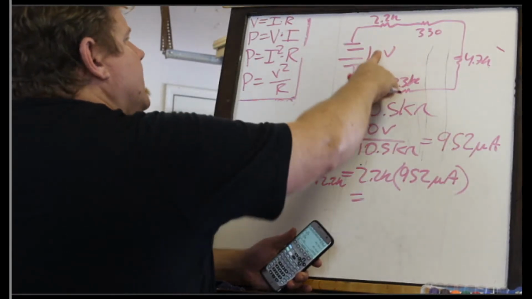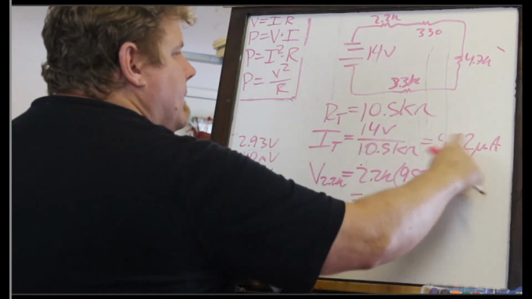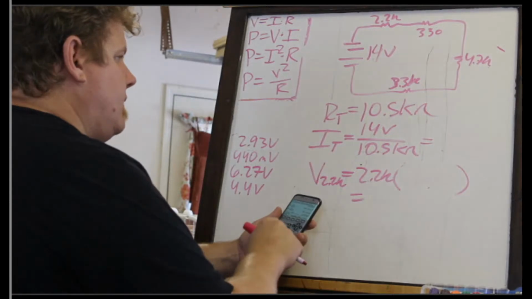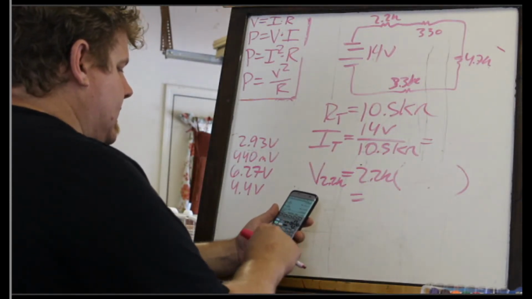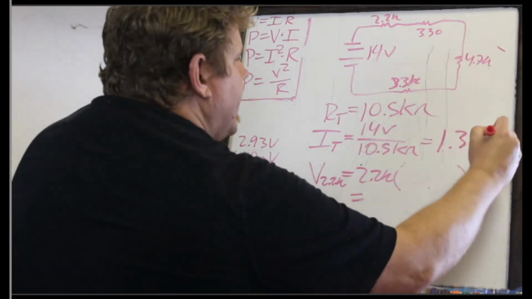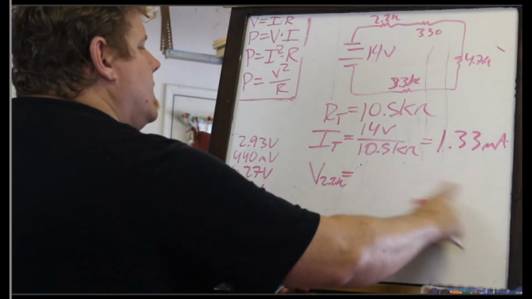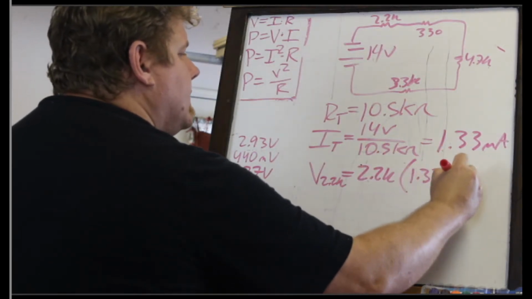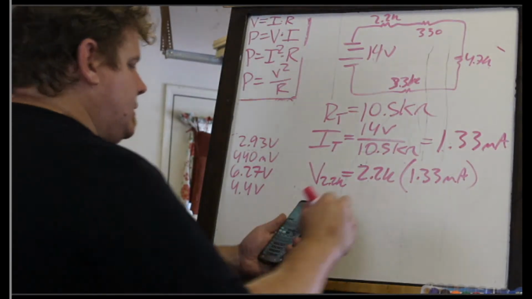No, we used 14 volts, that's why this isn't correct. 14 volts, I apologize. 14 volts, that means this is going to be different. 14 divided by 10.5. That's what I get for not keeping it up there. 1.33, how about that? That sounds a little bit better. Now I'm in the milliamps. Okay? So now, 2.2K times 1.33 milliamps. 2.2 times 1.33, I get 2.93.